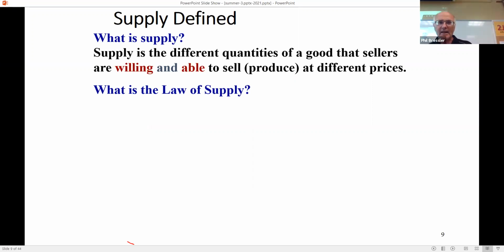Now, I'd like you to think about this. If price goes up, do you think people are going to supply more or less of their product? You're just thinking supply. Forget the demand part. If price goes up, am I going to want to supply more cereal or less cereal?